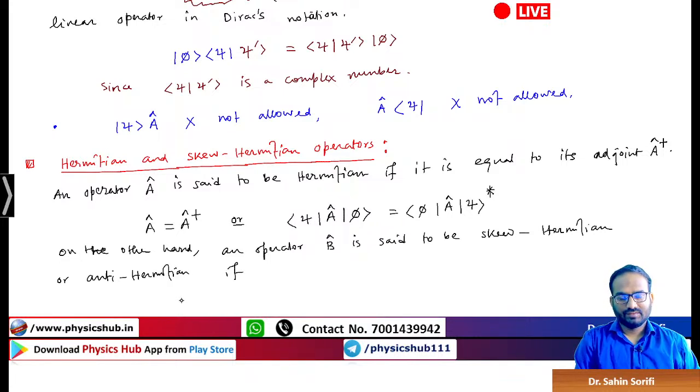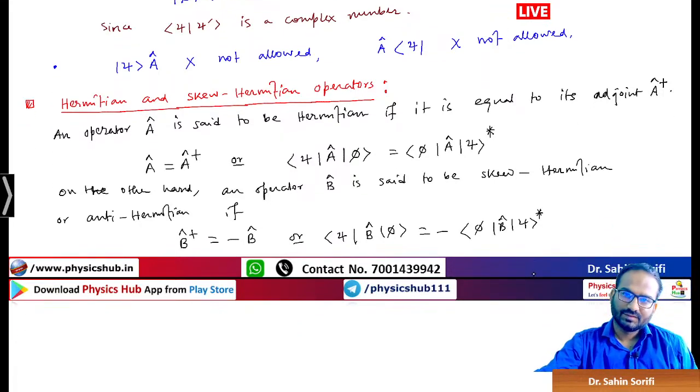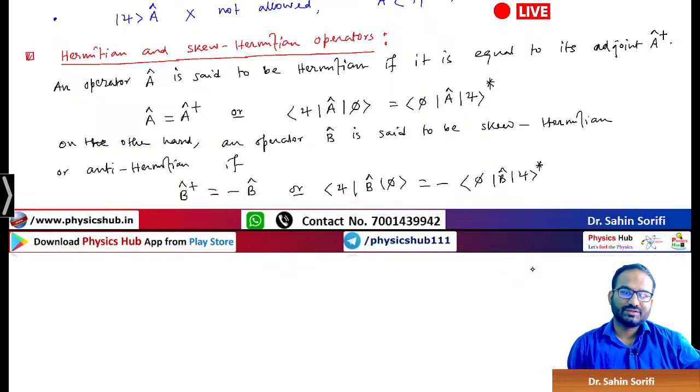If B dagger is equal to minus B, or in this notation, psi B phi equals minus phi B psi star. So these are some simple definitions.